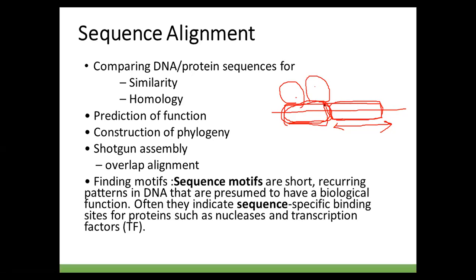Genes are not always activated because they are not always expressing proteins. Proteins are expressed only when required. For that, there's a certain region responsible, which is one of the sequence motifs. This is only one example. So those are called short recurring patterns in DNA that have a biological function.